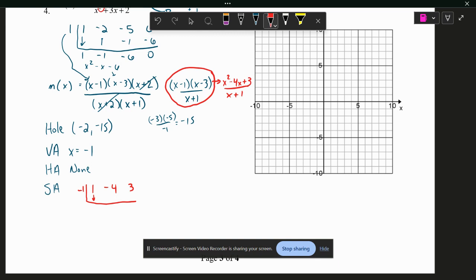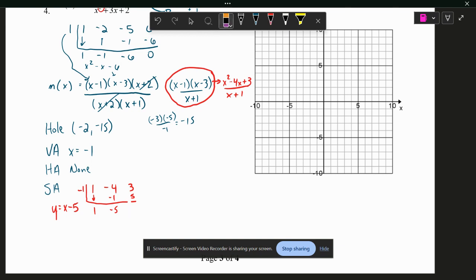So synthetic division: 1, negative 1, negative 5, positive 5, 15. Did that right, yeah. So my slant is y is equal to x minus 5. If I don't do something right, call me out. Let me know if I make a mistake. 3 and 5 is 8.